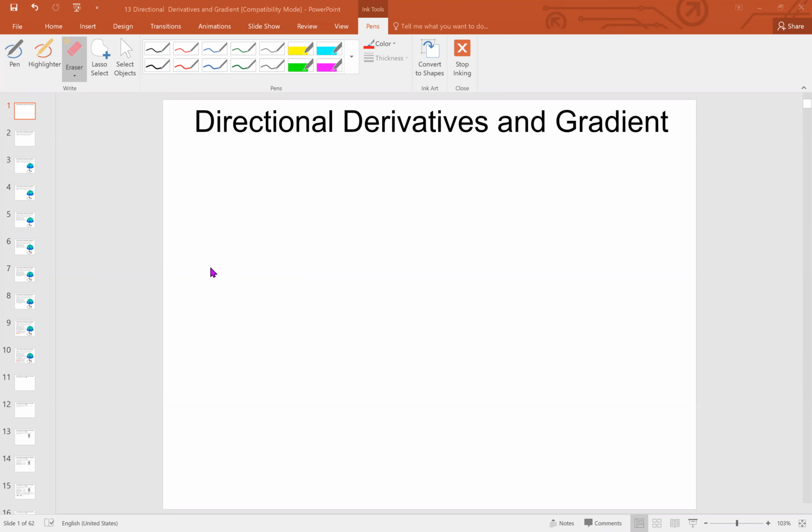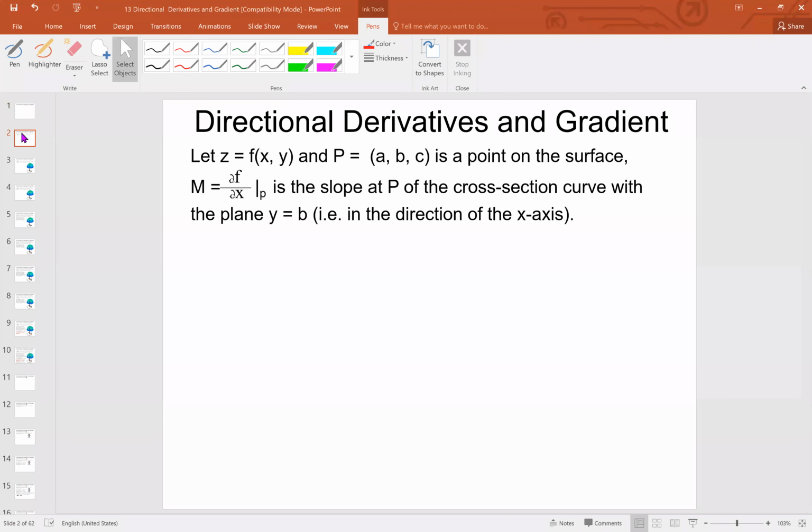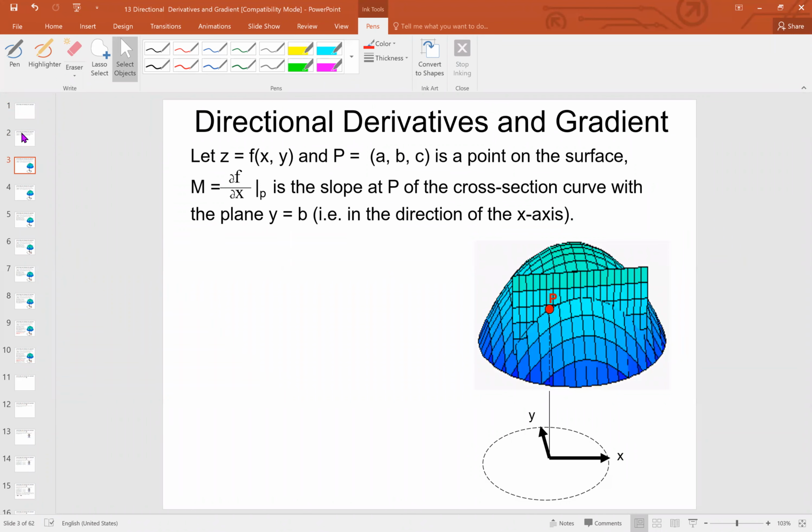We have partial derivatives. For example, at a point P on a surface, here's the picture, and P is (a, b, c). When we take the partial derivative with respect to x, we set y equal to the constant b, which is a plane y = b.